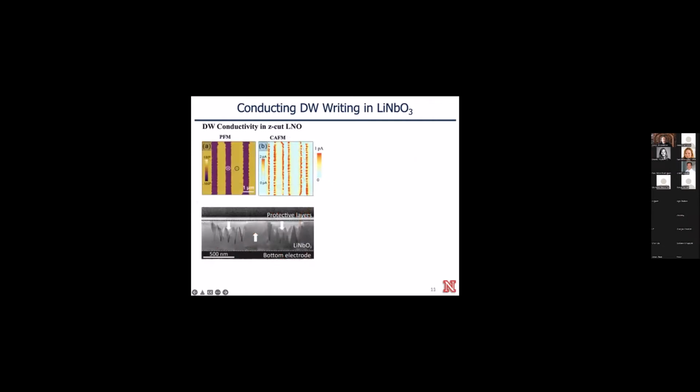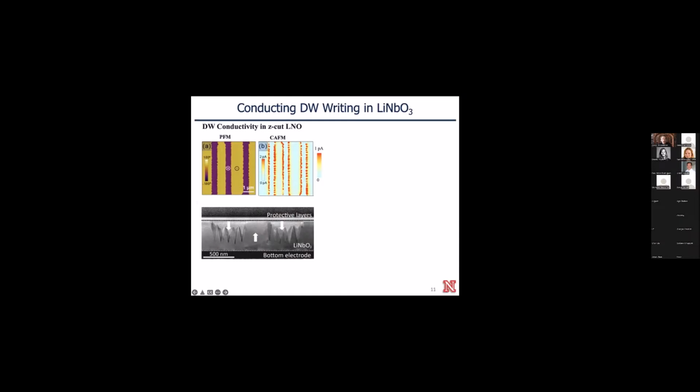This slide shows a periodic domain pattern that we produced by scanning probe microscopy. We scanned the surface with the electrically biased tip, and then we visualized it in PFM and tested the conductivity of the domain walls using conducting AFM.